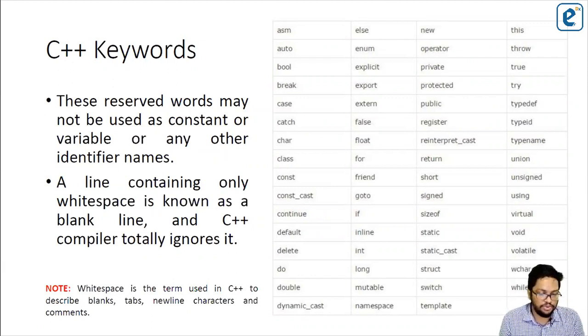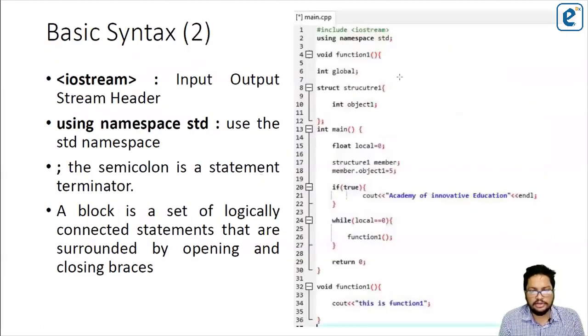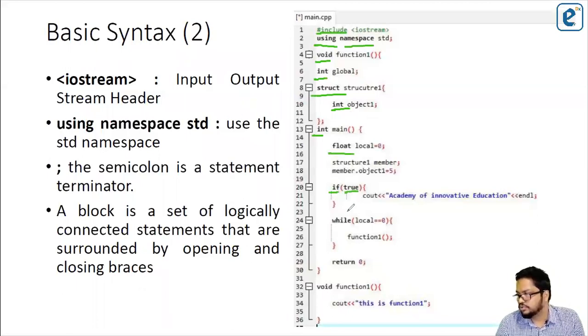Let me show you some code. Now you can see there are lots of things here: include, using namespace, void, int, struct, float, if, true, while, return, and cout.